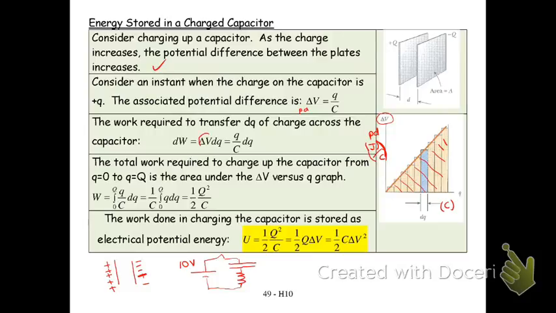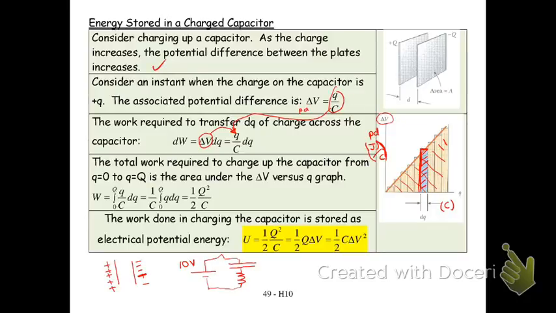I'm doing math here. Then the total work done is the integral of this. On this graph, it's delta V times delta Q, my little bit of energy added at that instant. And then I can integrate that.